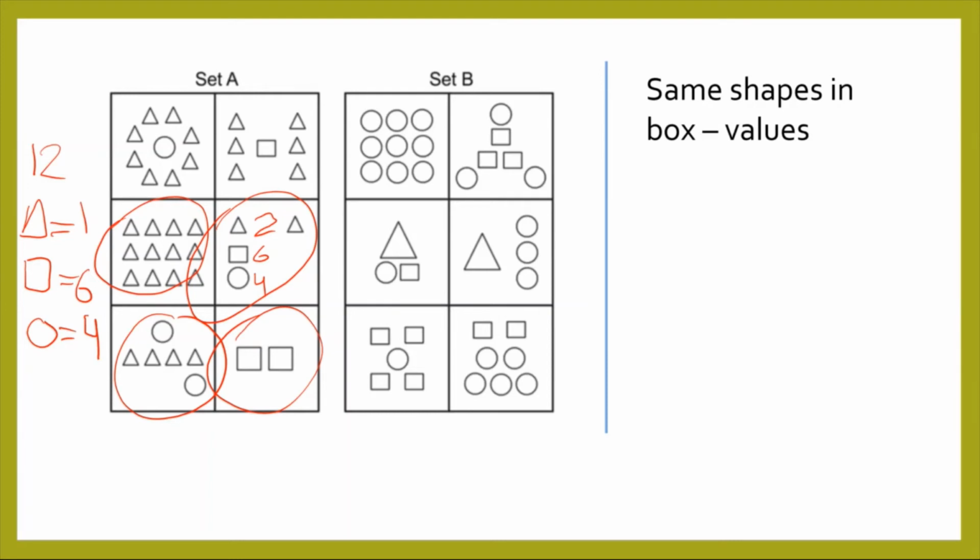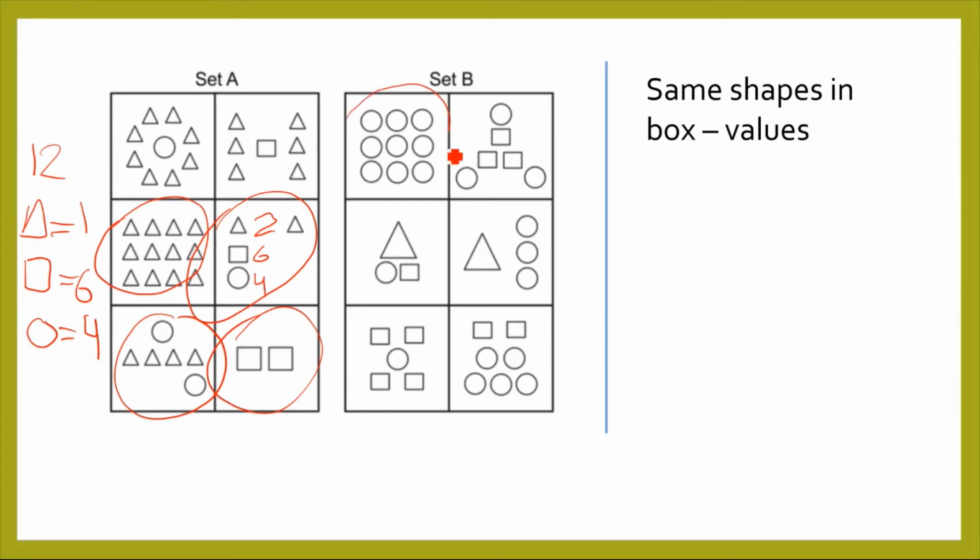Okay, so now I can move on to set B. Sometimes all of the boxes would have a different value, but the values for the circles, the triangles and the squares would be the same, but that's not the case for all of them. So just to make sure, I'm going to check them separately.